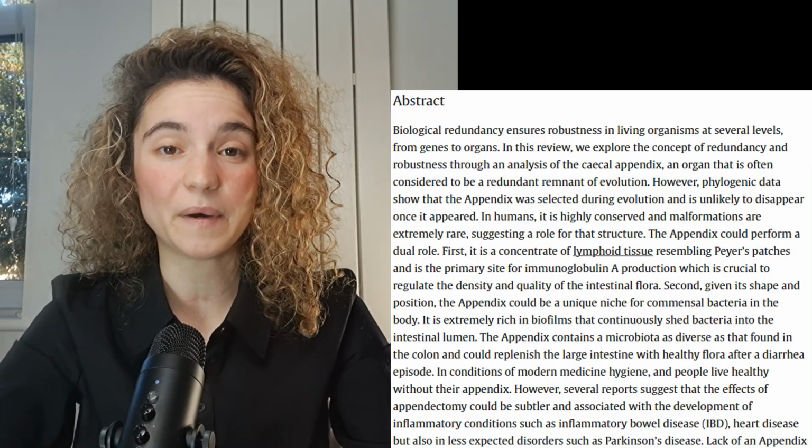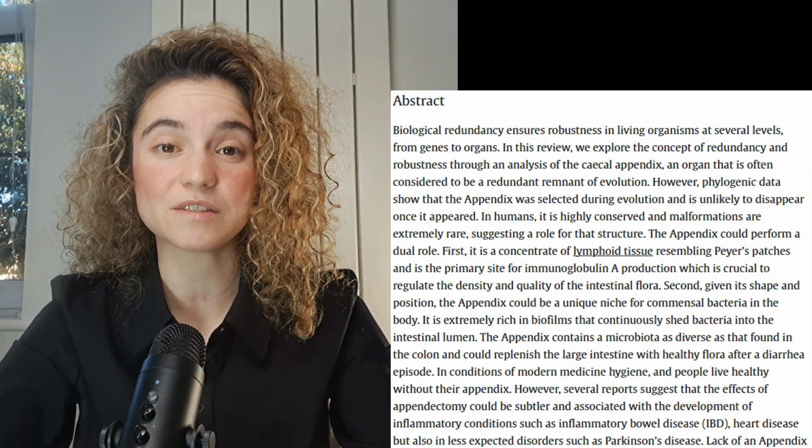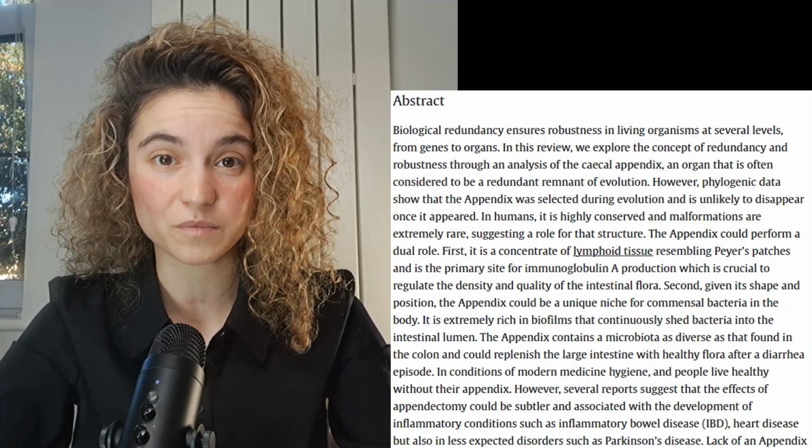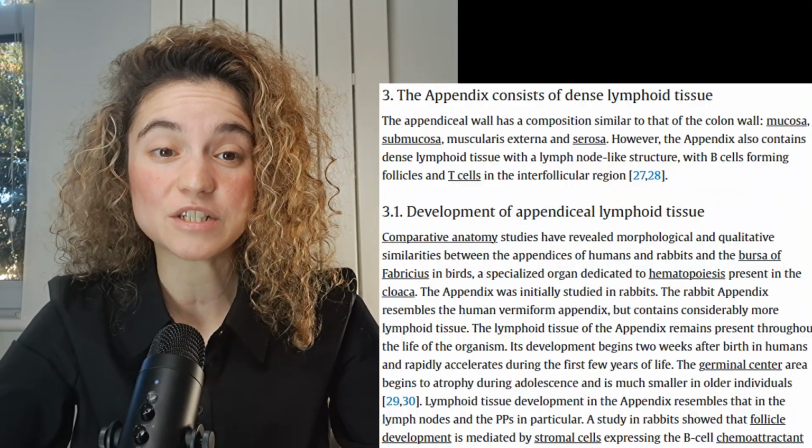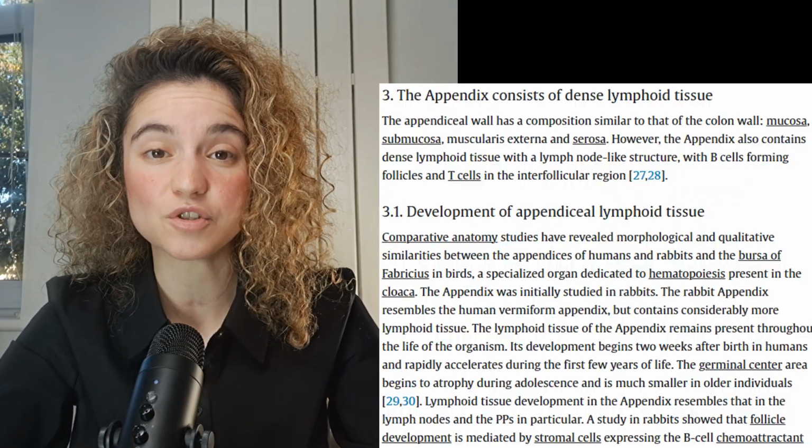So it turns out that the appendix does contain abundant lymphoid tissue, and it functions as a reservoir for gut microbes. It also supports immune education by presenting microbial agents to lymphoid cells. And as I just suggested, it plays a role in repopulating the diversity of the gut microbiome after certain disturbances. For example, some kind of an infection, and you may have been put on antibiotics.